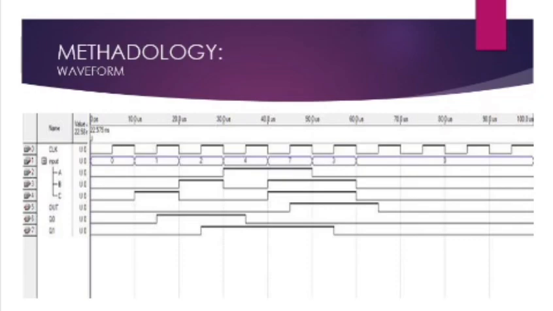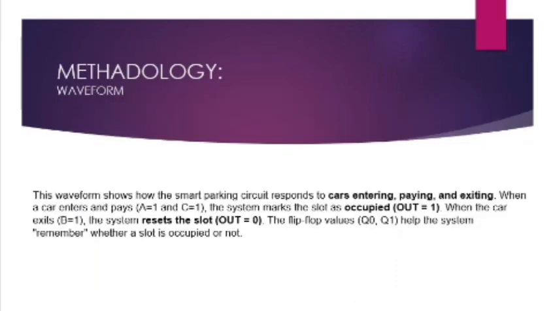And this is the waveform that we obtained from the circuit. There are 3 inputs A, B, C, and then the output, which shows 1 when a car enters and 0 when the car exits from the parking slot.